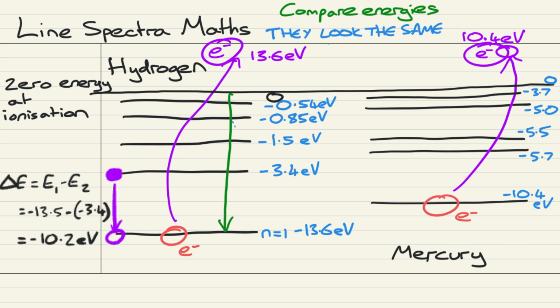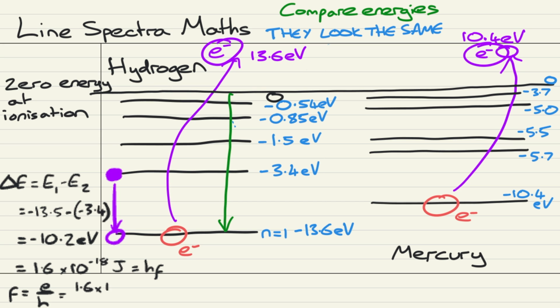Right, so 10.2 electron volts is released, which we can now convert to joules by multiplying by 1.6 times 10 to the minus 19, giving us 1.6 times 10 to the minus 18 joules. We already know that E equals hf, and h, the Planck constant, is 6.63 times 10 to the minus 34 joule seconds.